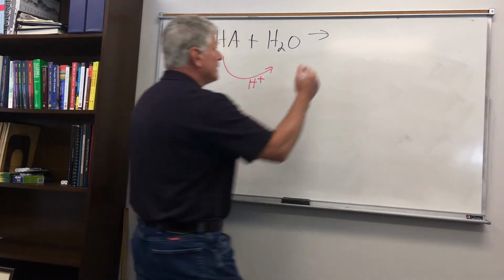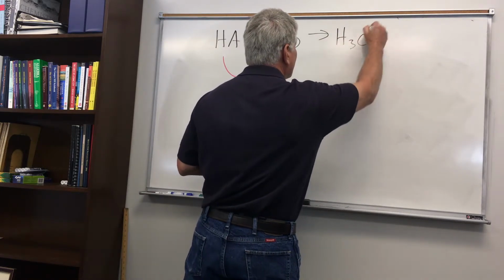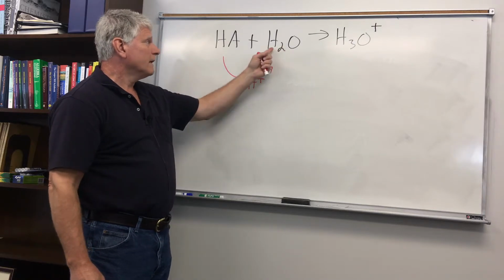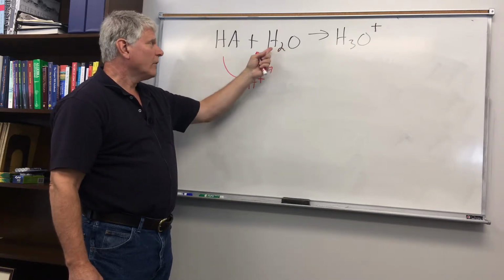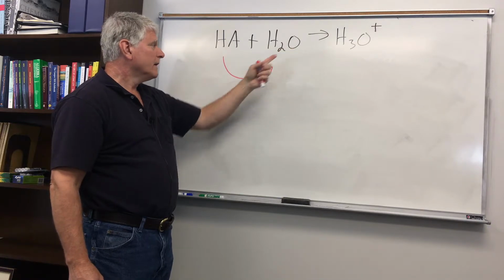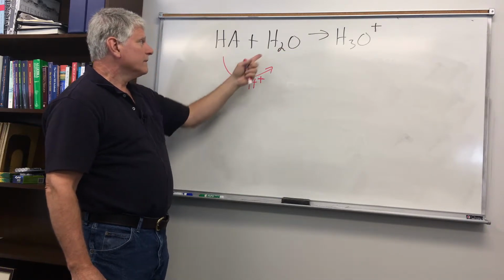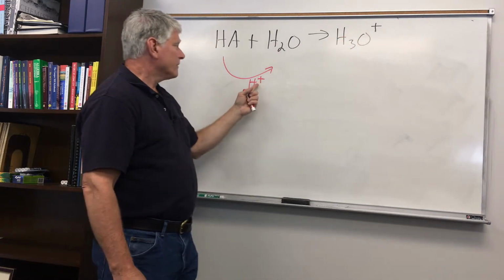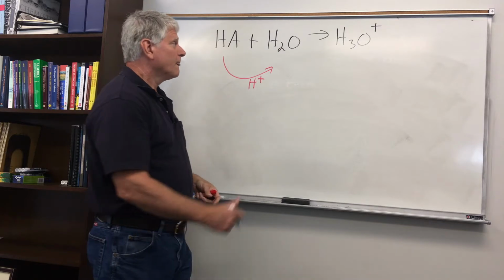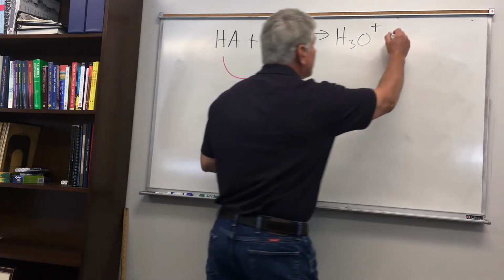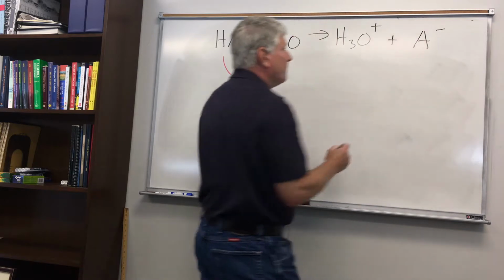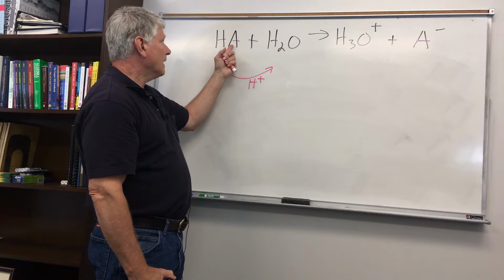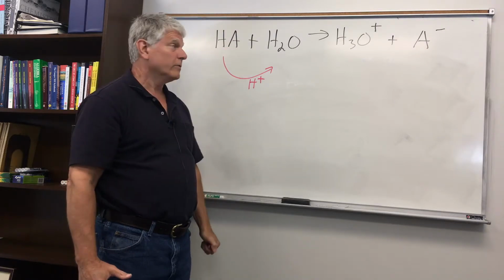And what we'll have in return is the H3O plus ion. So we started with two hydrogens and oxygen, and we added an H plus. So we have three hydrogens, the oxygen, and we have the plus charge coming from this H plus. And what we have left over is A minus, because this hydrogen's electron stayed behind on the A part of the molecule.